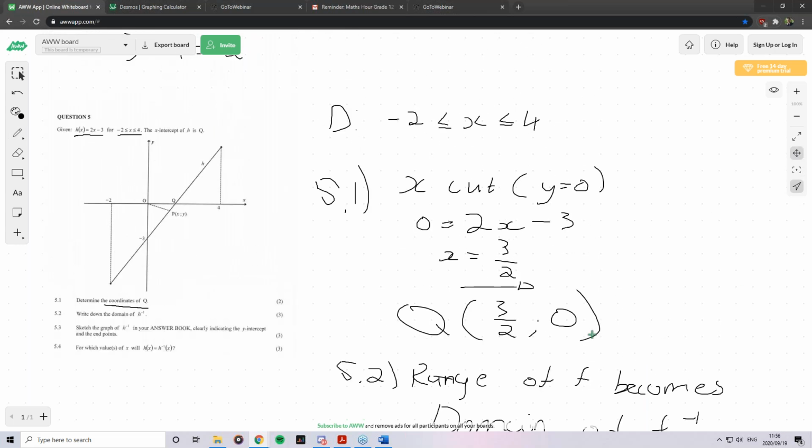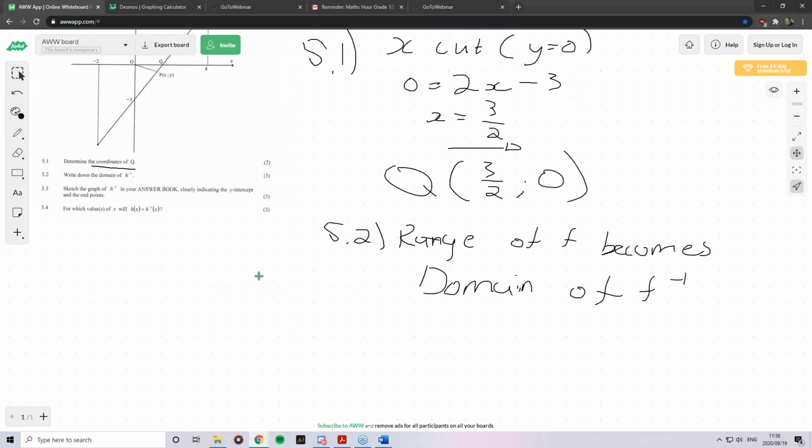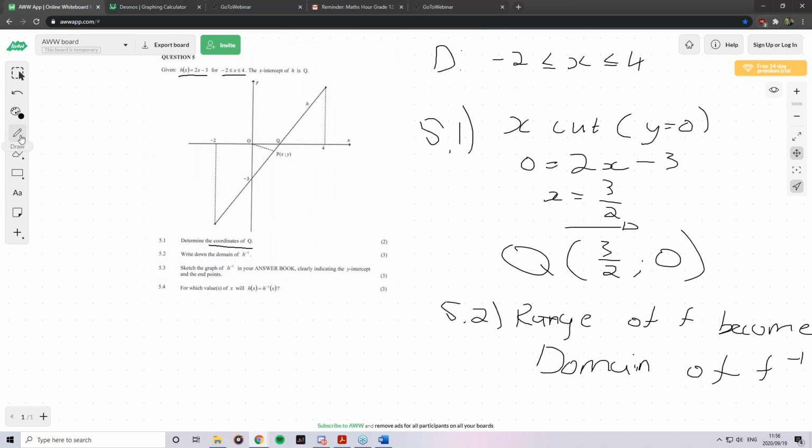Okay, so they're saying that we have h of x. I'll just do it here. h of x is 2x minus 3 for x between minus 2 and 4. So the domain is minus 2 to 4. The range I can calculate by just subbing these bounds into my function to find these points here.